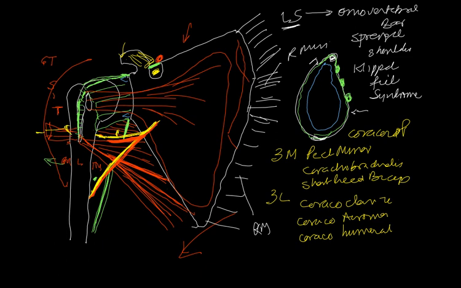Now we will go on to talk about the posterior surface of the scapula. So the glenoid cavity, the lateral border, the coracoid process, the suprascapular notch, the superior border, the medial border.